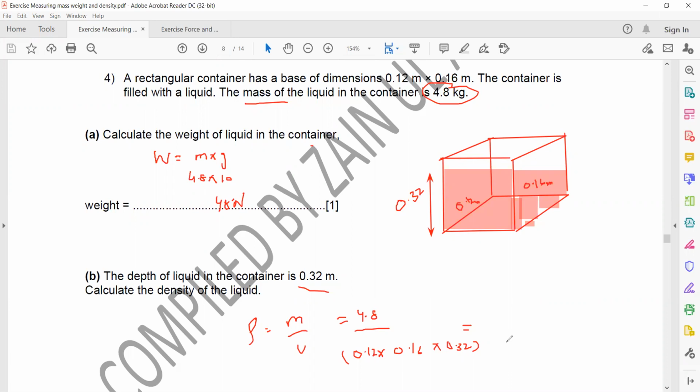So in this example, the volume is coming out as 0.0389. That's a volume. And mass is 4.8. So 4.8 divided by 0.03.